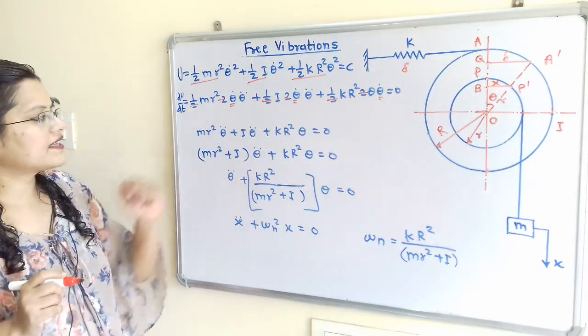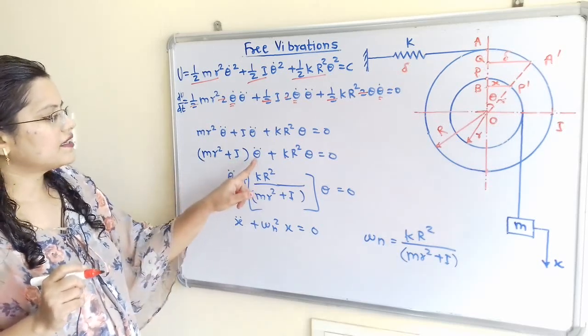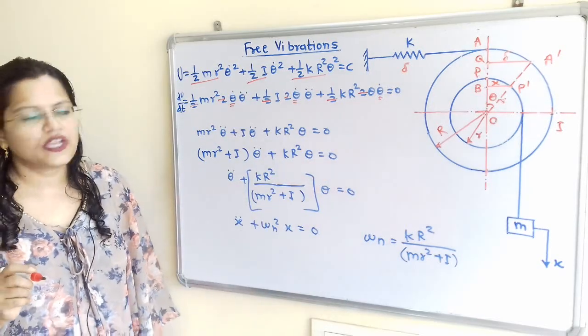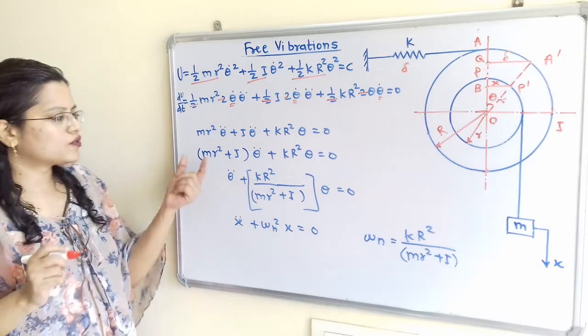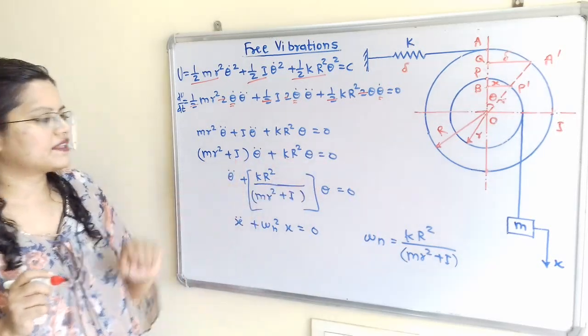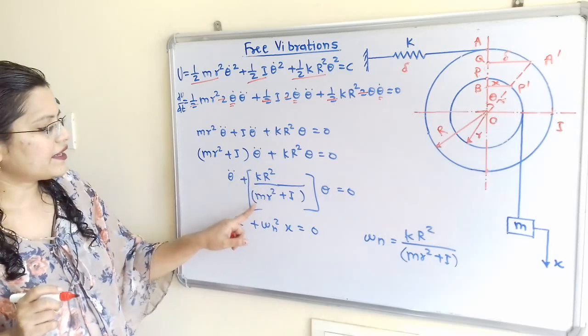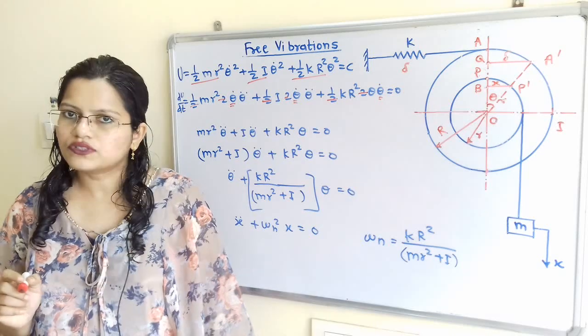Again we will take theta double dot as a common term. So m r square plus I, theta double dot, plus k r square theta is equal to 0. Here the coefficient of theta double dot is this bracket, so we will divide on both sides by this bracket. So theta double dot plus k r square by (m r square plus I) theta is equal to 0.